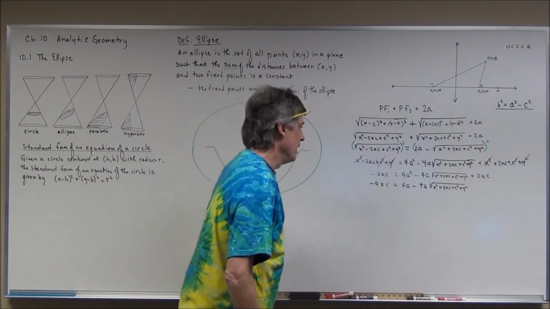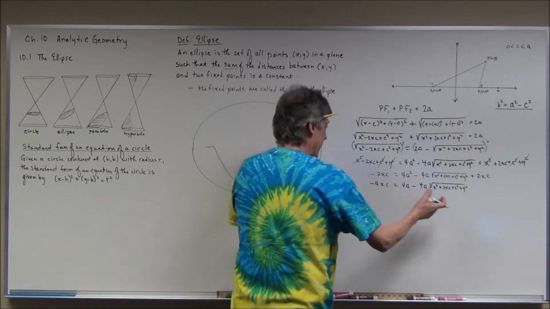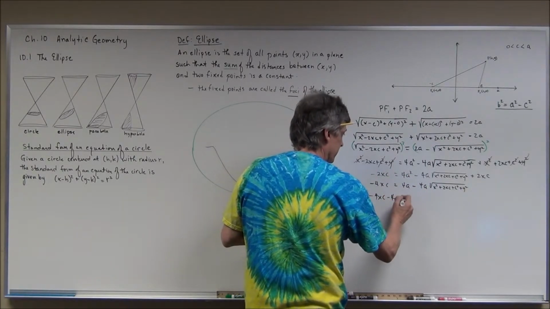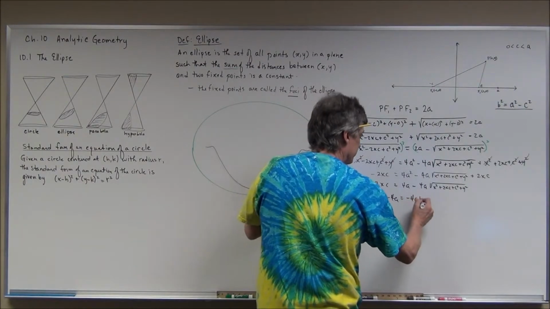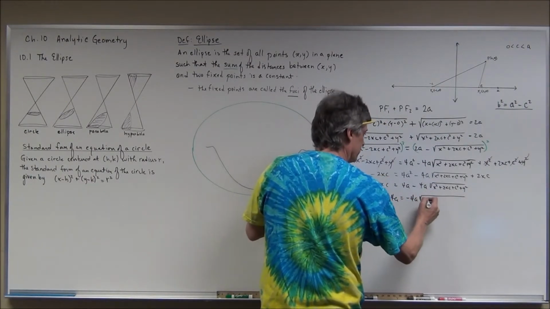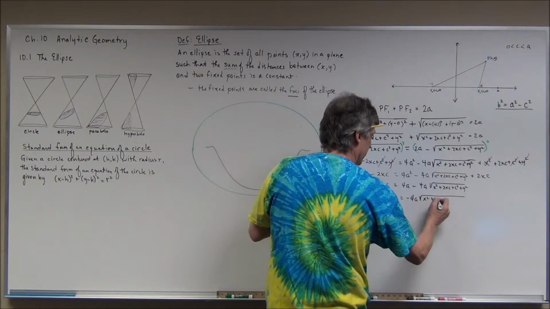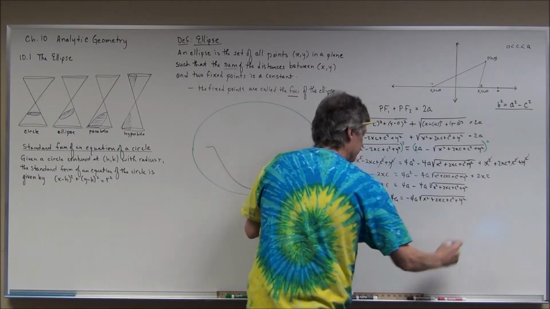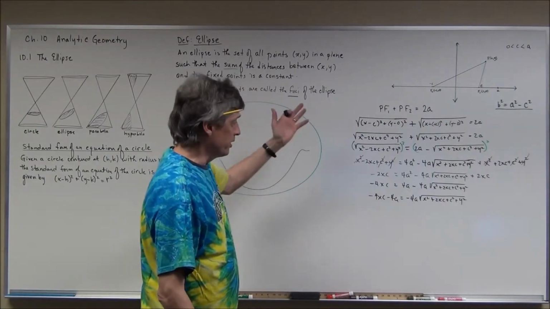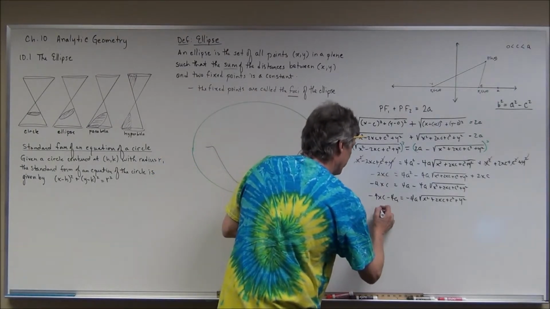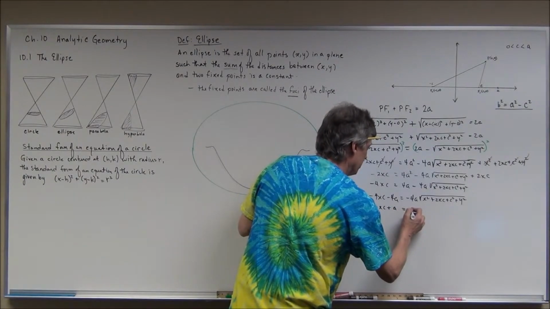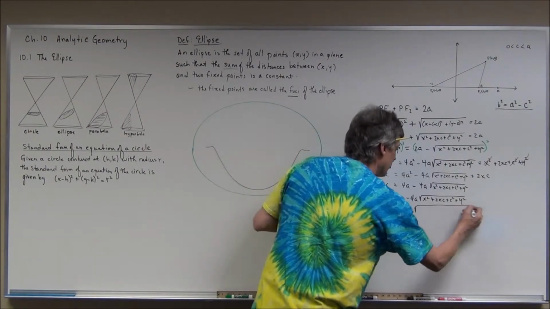What a mess. And now I'm going to subtract 4a squared from both sides. Because I'm trying to get the radical by itself, I have to square both sides one more time. Okay, I'll divide through by negative 4, so that will give me xc plus a squared is equal to a times this radical here.